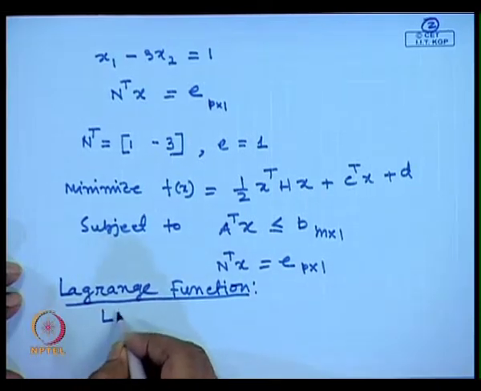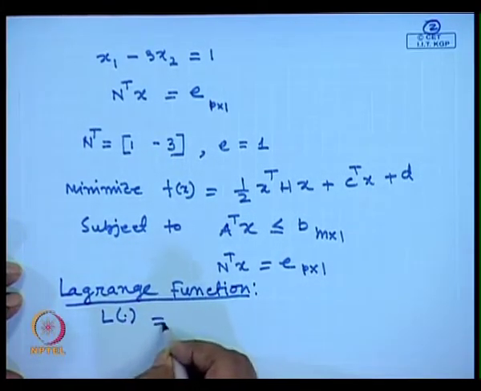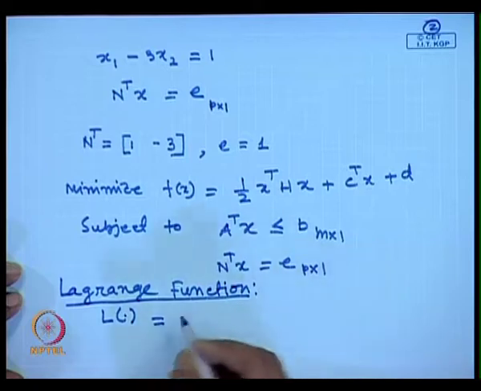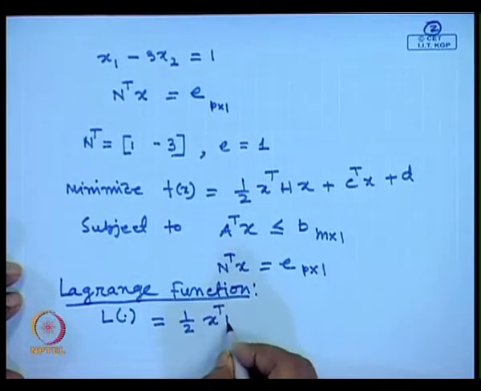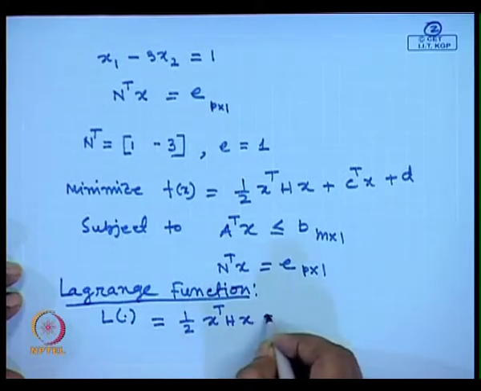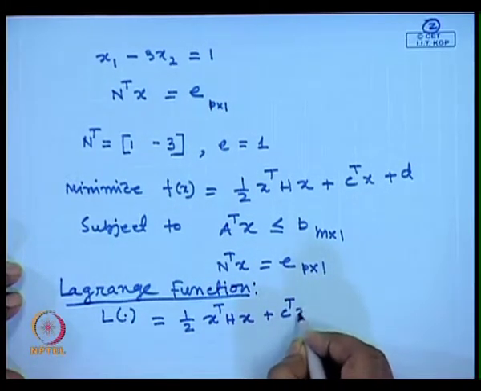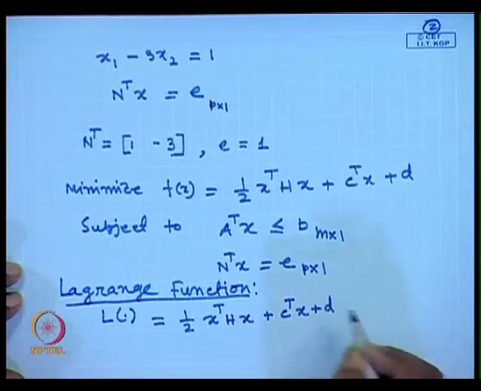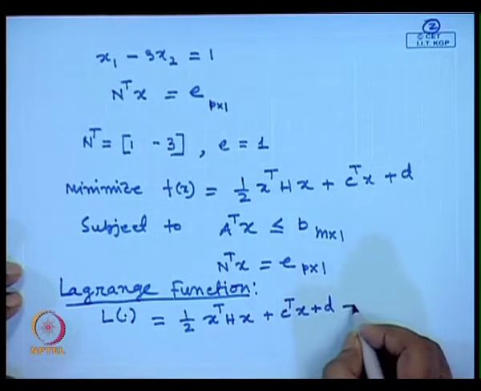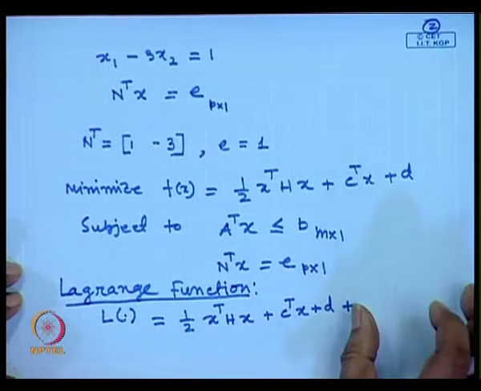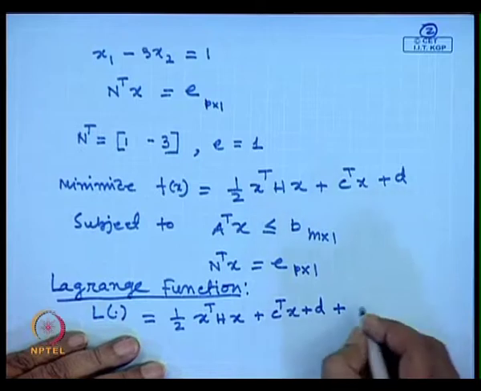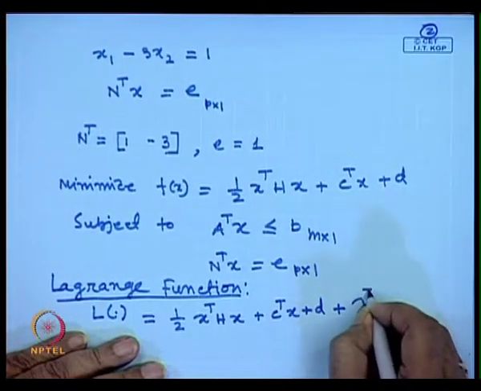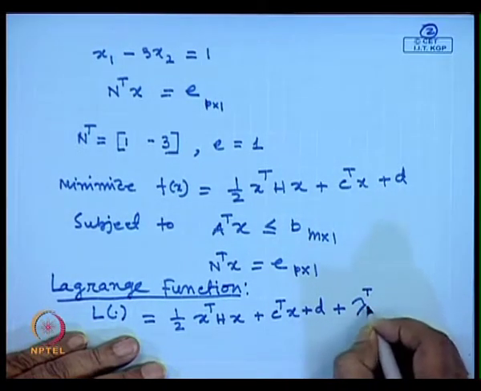So, the Lagrange function L is equal to our objective function. What is our objective function? Half x transpose H x plus c transpose x plus d, this is the objective function. Then the inequality constraints, then the equality constraints. We have an equality constraint with lambda transpose, the Lagrange multiplier.